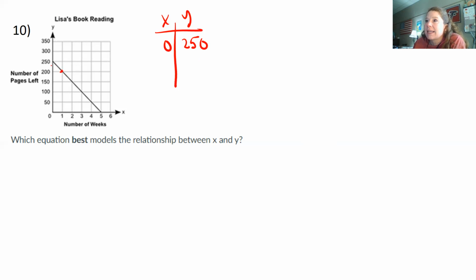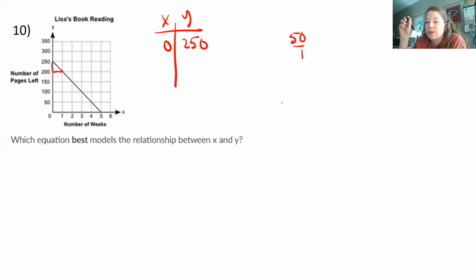And then I can figure out what the slope is by doing rise over run, but be careful, this isn't 1 over 1. This changes by 50. So our rise is 50, and our run from 0 to 1 is positive 1.